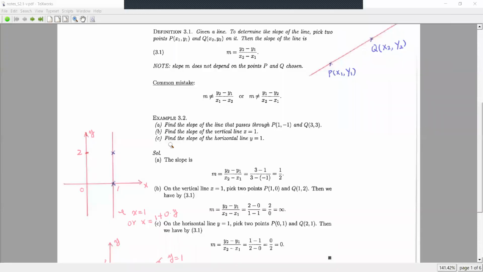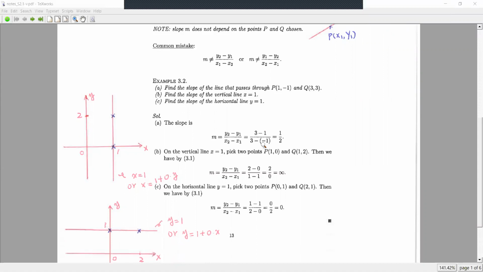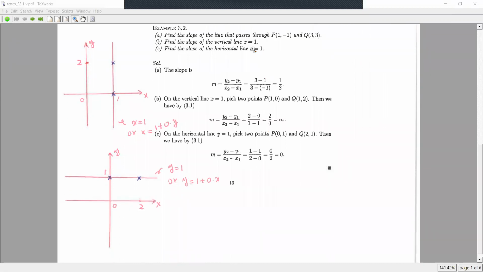Part C. Find the slope of the horizontal line y equals 1. The graph of y equals 1 is this horizontal line. All the points that satisfy the equation y equals 1 are the points on this horizontal line.